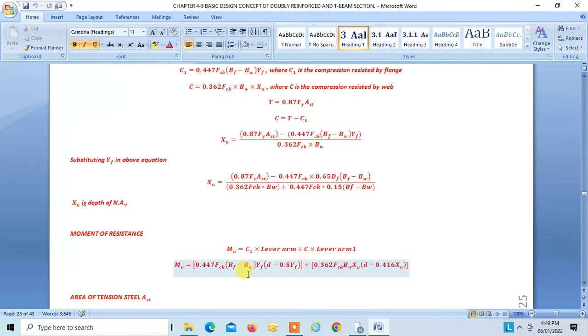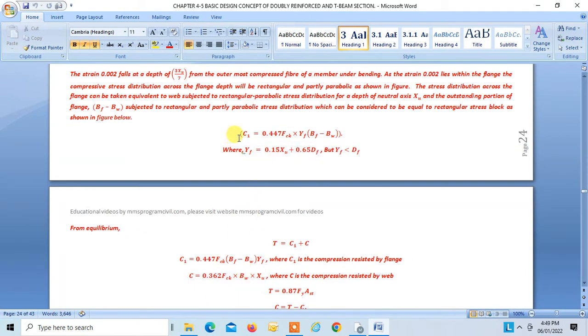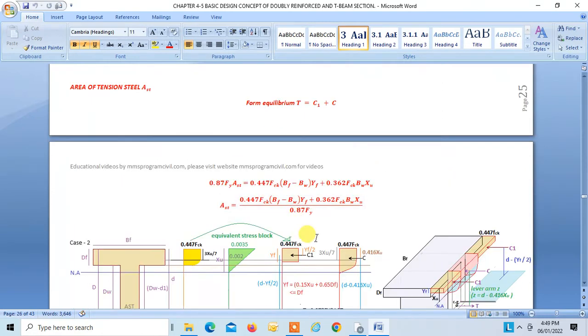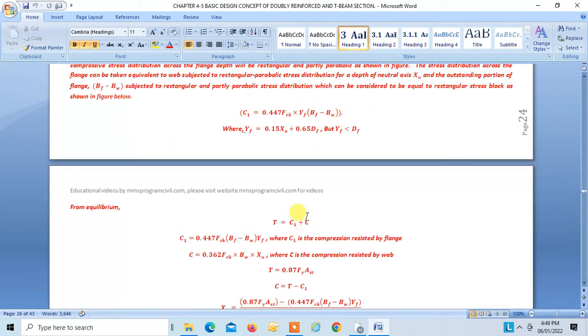So that is what I have written over here, okay? 0.447 FCK is this, YF is this, okay? Over here, please remember YF will be less than DF, okay? So that is the C1 force, fine?